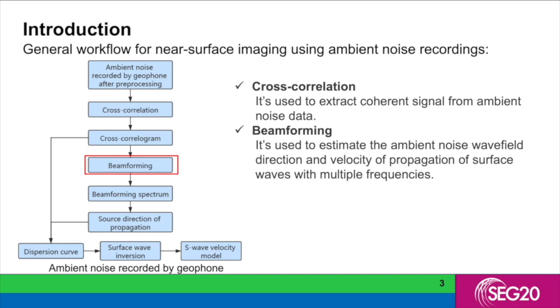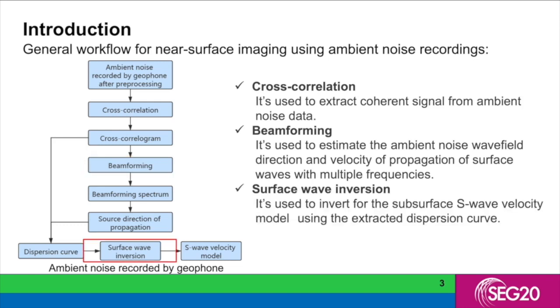Next, we need to correct the phase velocities by applying the directional correction on the apparent dispersion curve. Finally, we can obtain the subsurface shear wave velocity model by inversion of Rayleigh waves, since the data recorded by the vertical component of the geophone are Rayleigh waves.